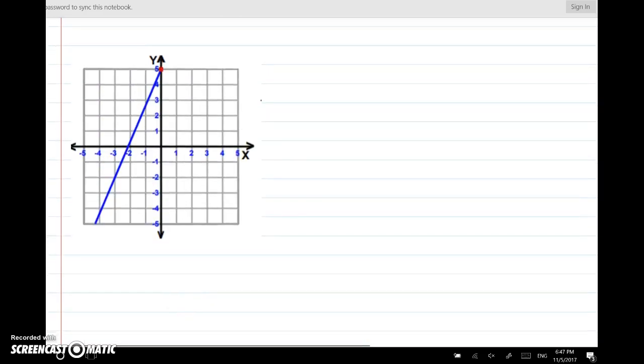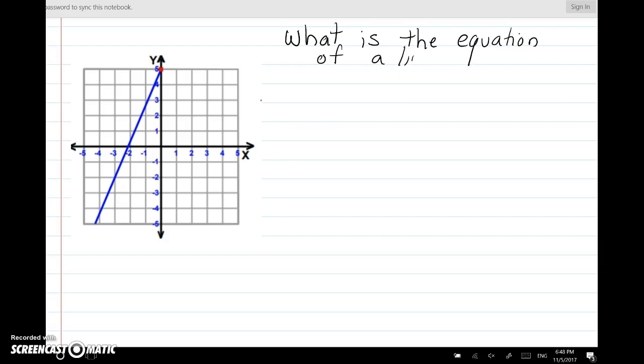Okay, last problem. Here we go. First thing we're going to do, question 1. What is the equation of a line? Any line. I want to know, what is the formula? What letters do we use? Put them in order. That's question 1.